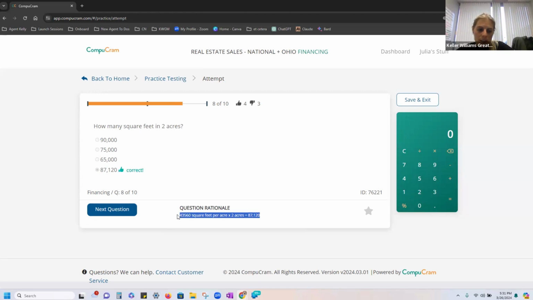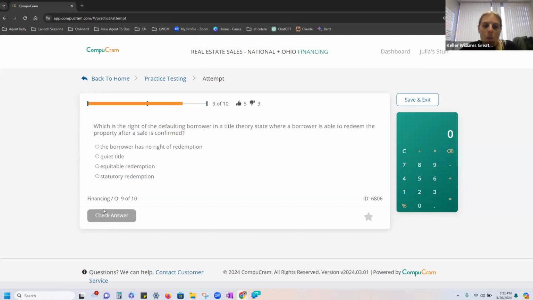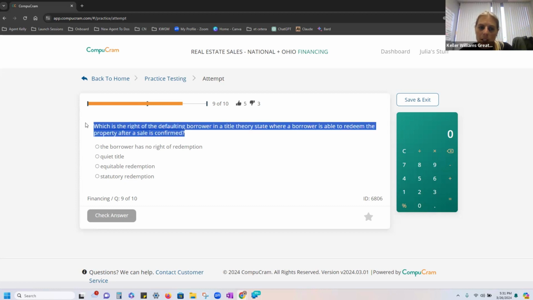Good job. Which is the right of the defaulting borrower in a title theory state where a borrower is able to redeem the property after a sale is confirmed?